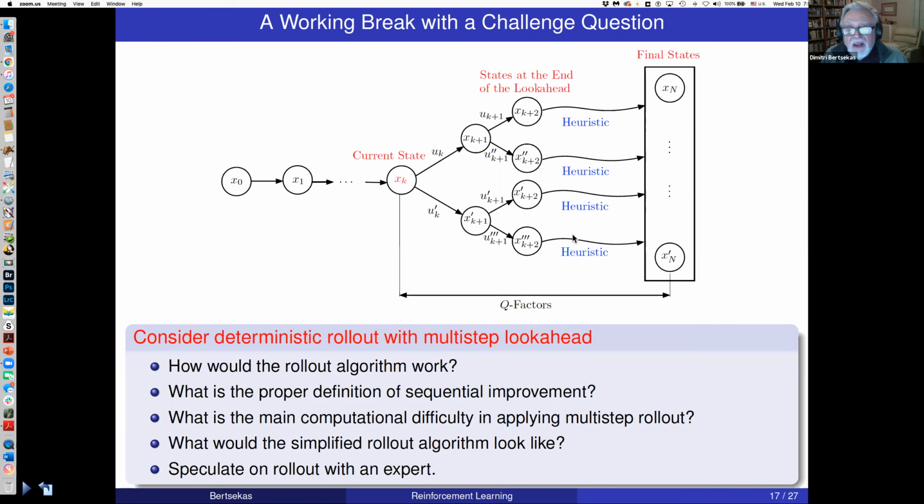So here, it involves optimization, of course, right? So the heuristic from this state here would be optimization of these two plus the ordinary heuristic.